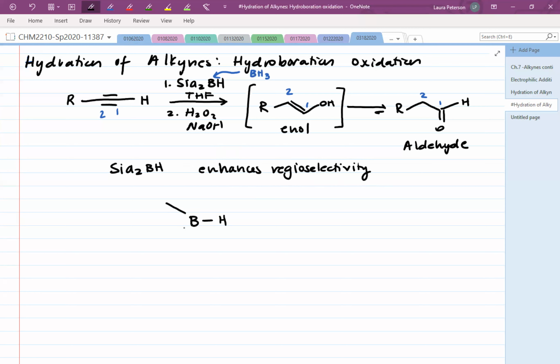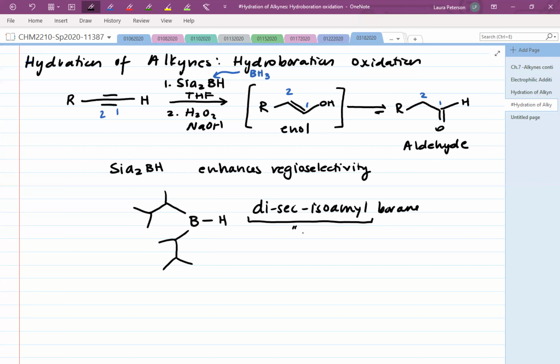That's important because that's where the chemistry is happening. And then here are the R groups. So what does that stand for? It's disiamylborane. This part is the Sia. We've abbreviated it as Sia for disiamylborane.